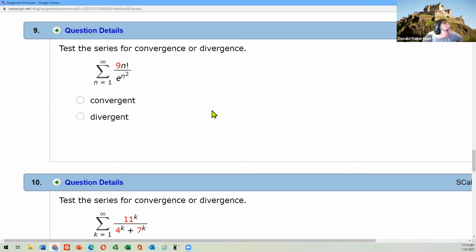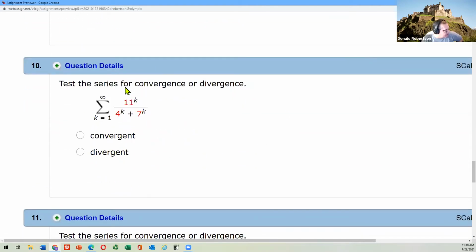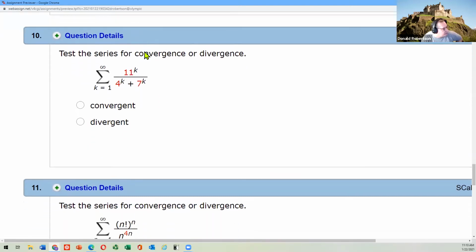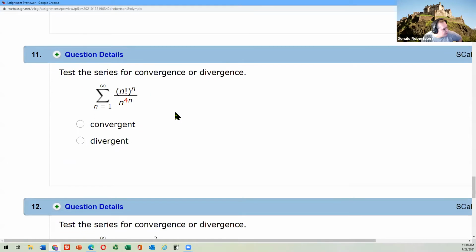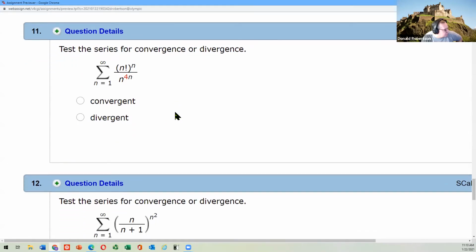There's really nothing obvious that you can use for comparisons. 10 is a limit comparison test, and choose 11 sevenths, right? 11 over 7 to the k. Not 11 over 4 to the k. Take the smaller one. Do a ratio test on that.